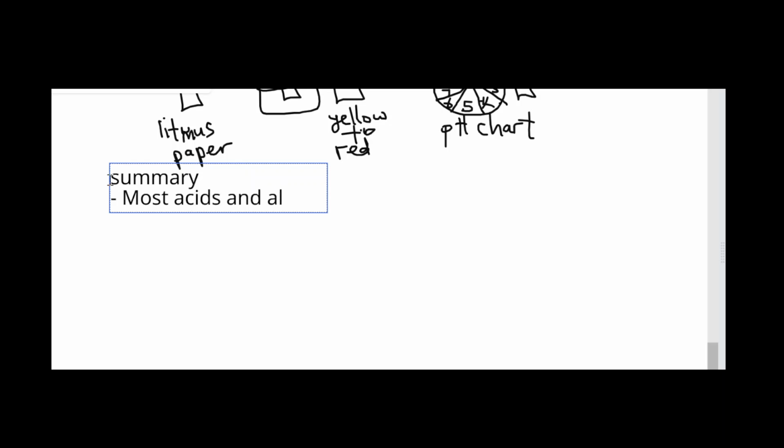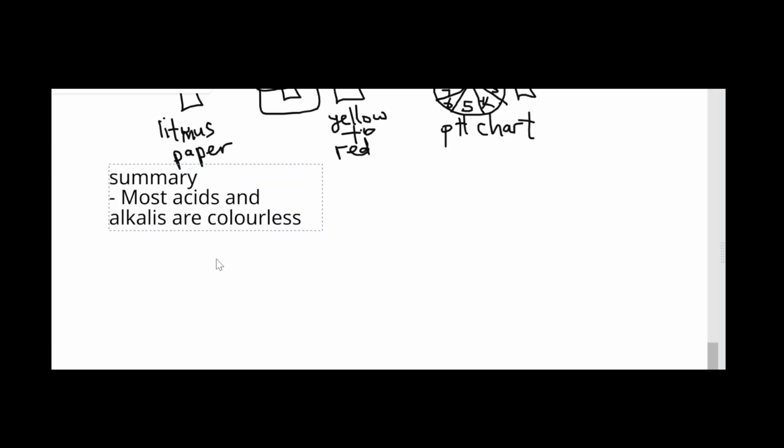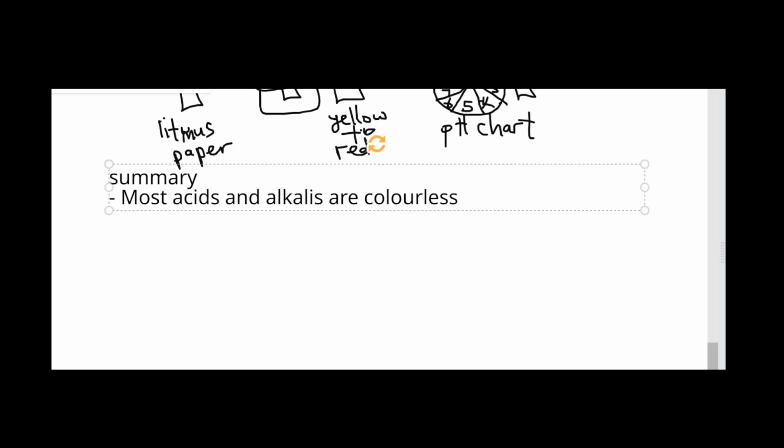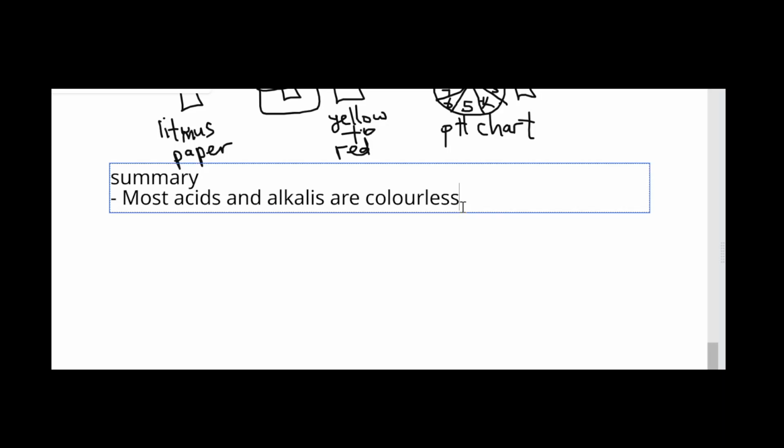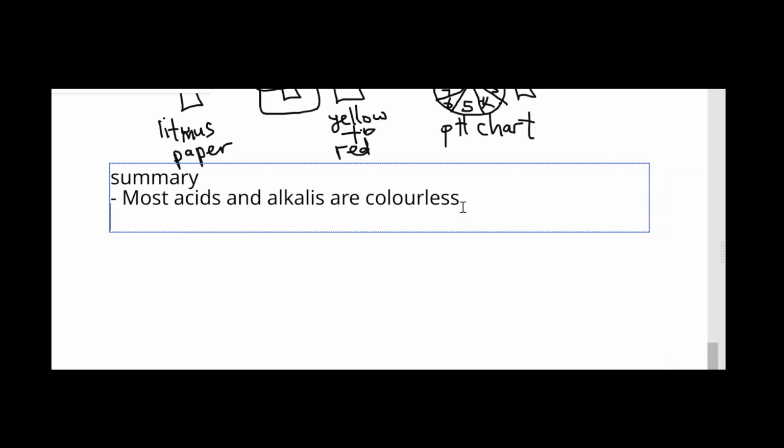So I have said most acids and alkalis are colorless. Okay, so if they are colorless, what does that mean? They are identified by using indicators.